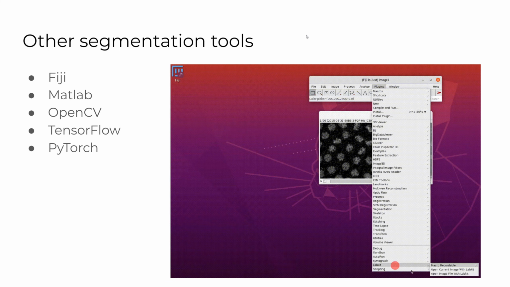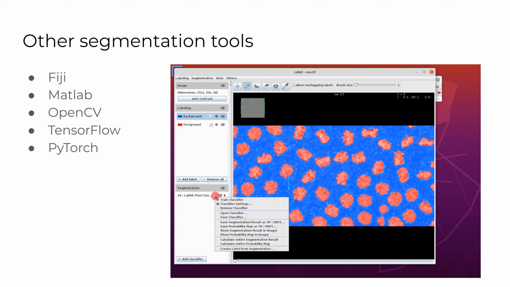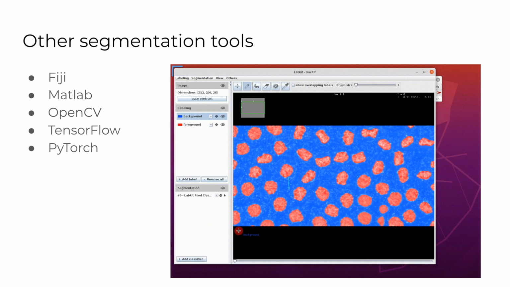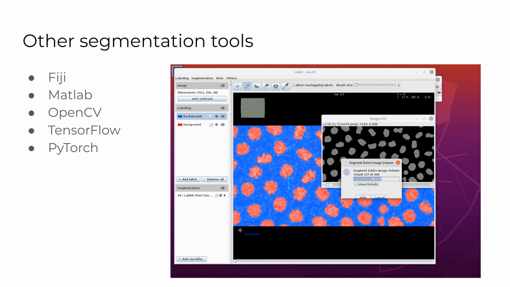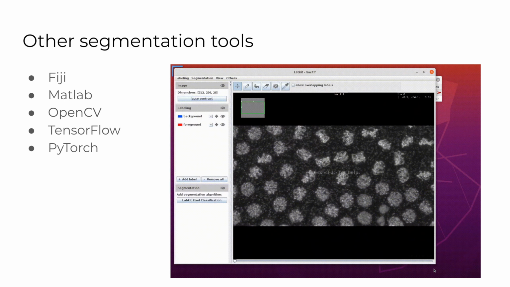And there's other tools. So Fiji, I think this is a tool that's been used by the Imaging Core Lab. So there's plugins for Fiji, like this one that you can use for segmentation. MATLAB, OpenCV, these are more like high-level tools that also have segmentation tools. If you want to go lower level, so this is more, I would say, more involved process.